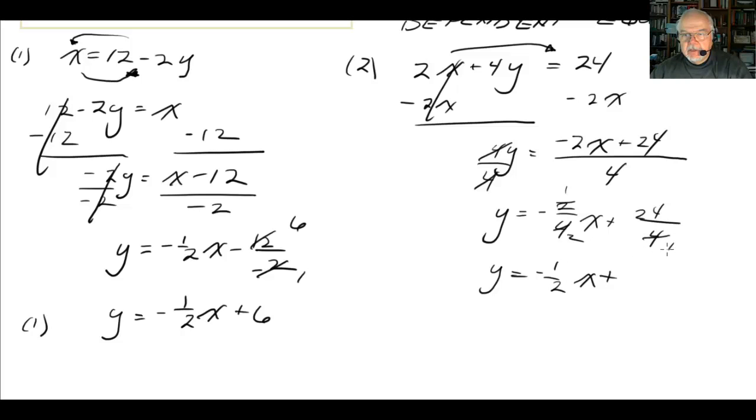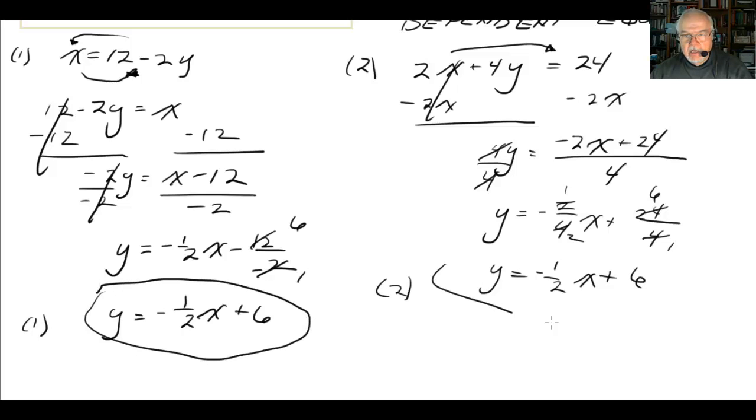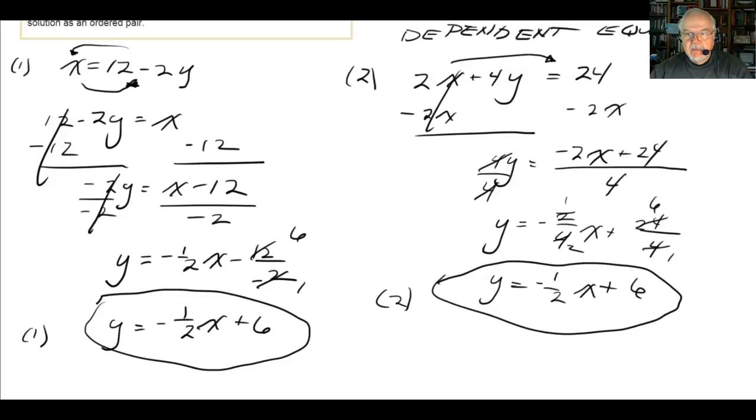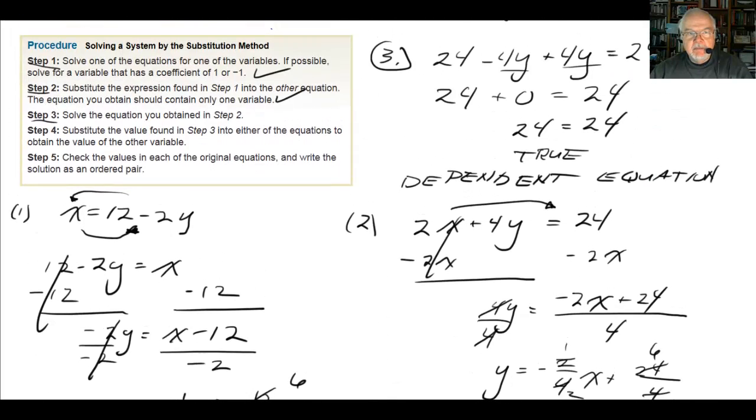Plus, 4 goes into 4 once, 4 goes into 24 6 times. And that's 6. Oh my goodness, this is equation 1. You'll note, equation 1 and equation 2 are in fact the same equation. They just look different. So that's the notion of dependent equations.